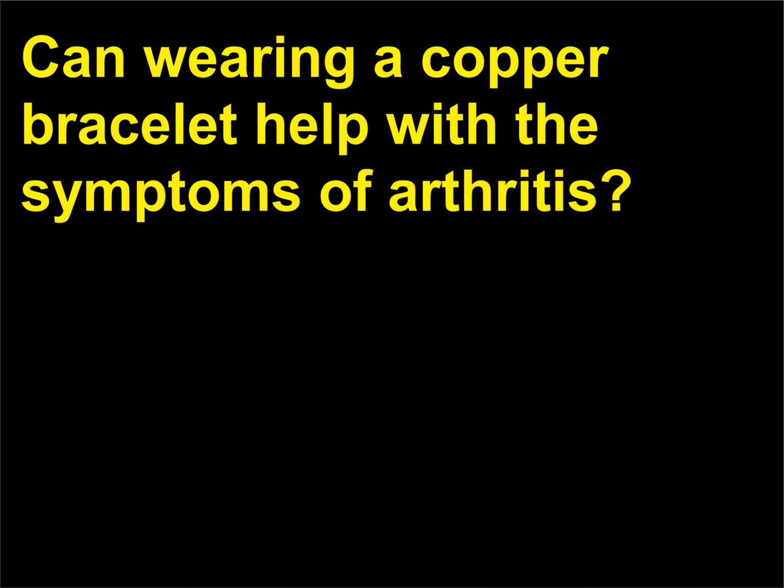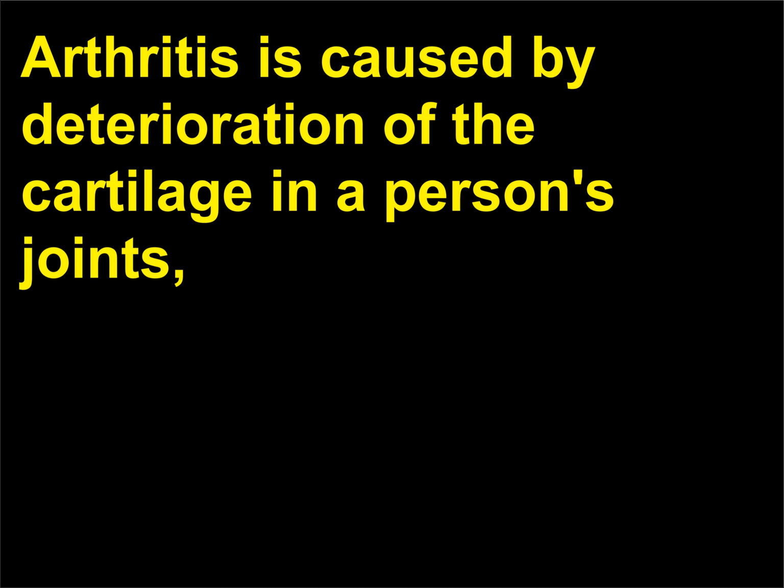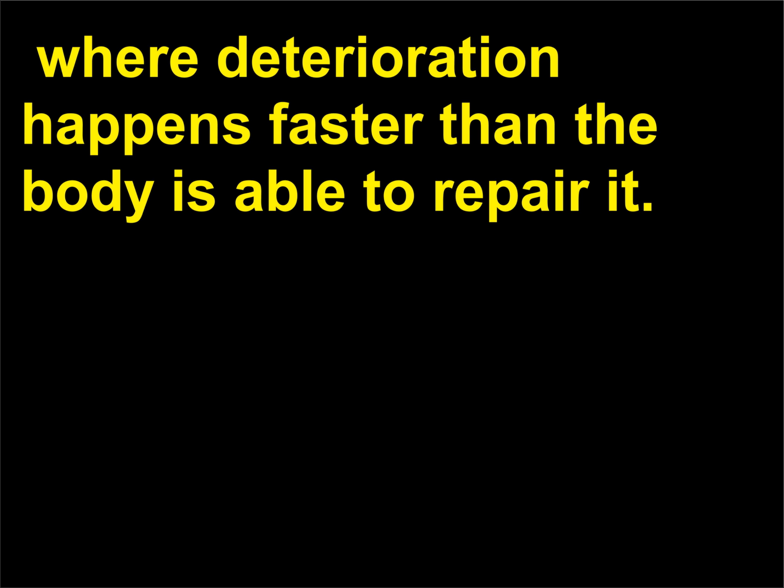Can wearing a copper bracelet help with the symptoms of arthritis? Arthritis is caused by deterioration of the cartilage in a person's joints, where deterioration happens faster than the body is able to repair it.